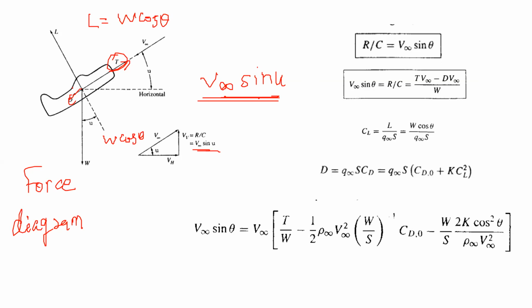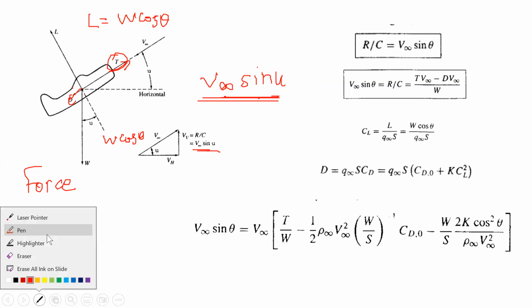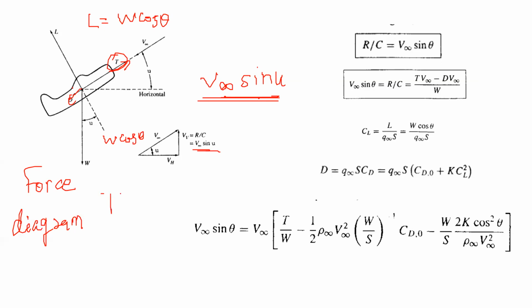I think all of you can see the chat, and Rohan has answered it correctly. Rohan's answer is, I'll write it down here: thrust is equal to drag plus the downward component of the weight, W sine theta in our case.